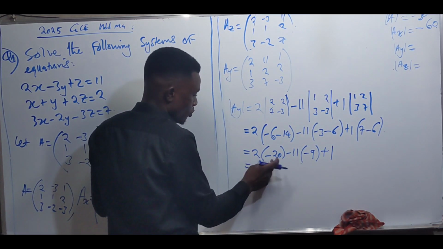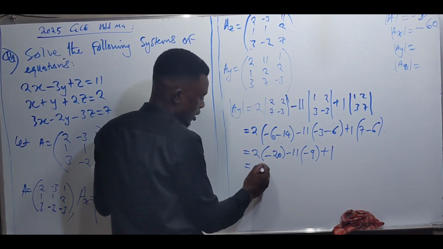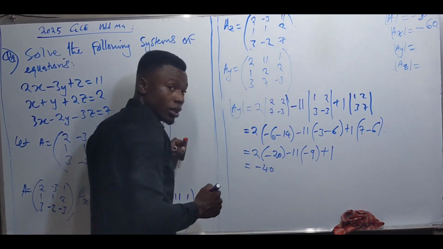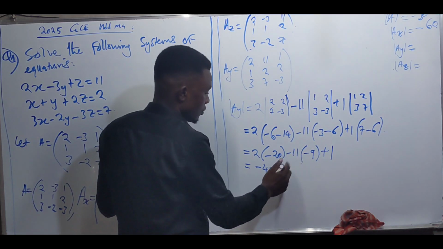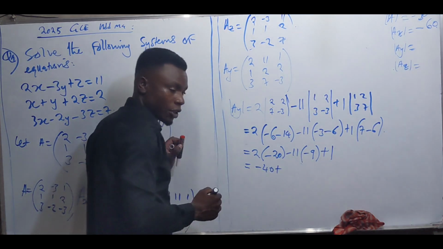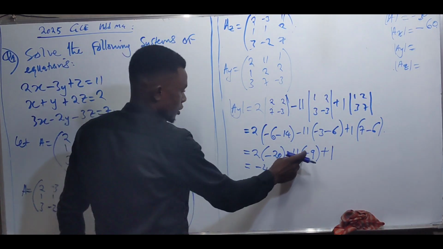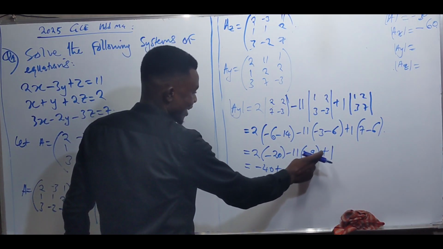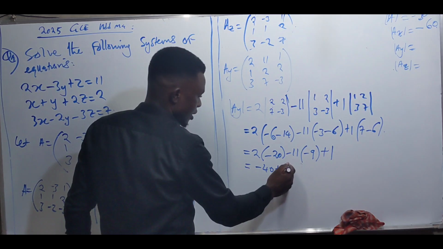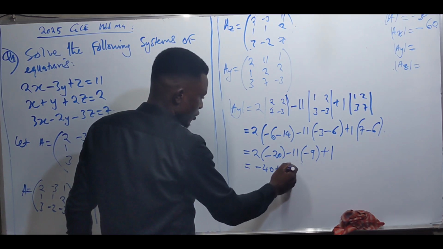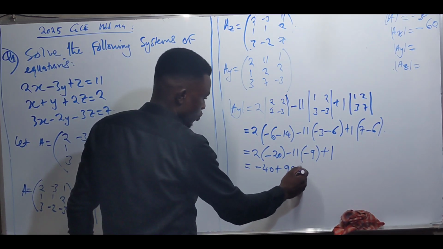Therefore 2 multiplied by -20, that is -40. Great. And negative times negative, that is positive. 11 multiplied by -9, that is positive 99, plus 1.